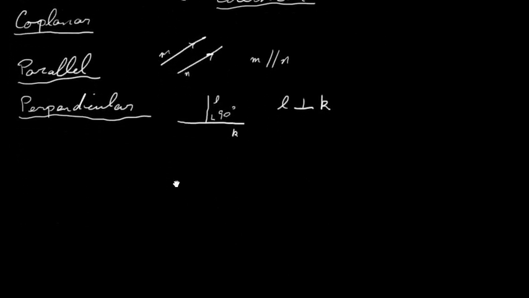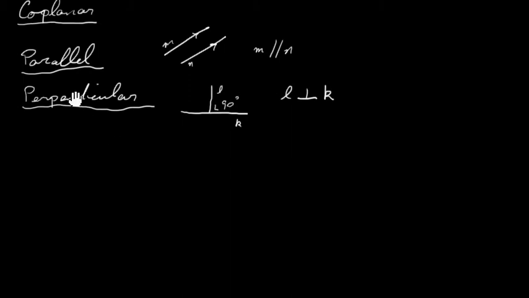Okay, so let's now look at different types of lines, and the first one we're going to look at is what's called a line segment. So a line segment is something like this.